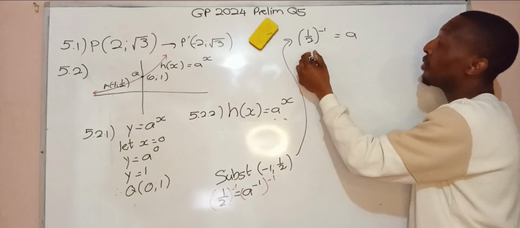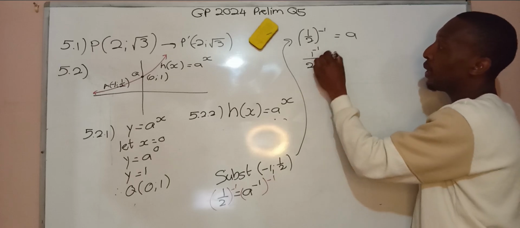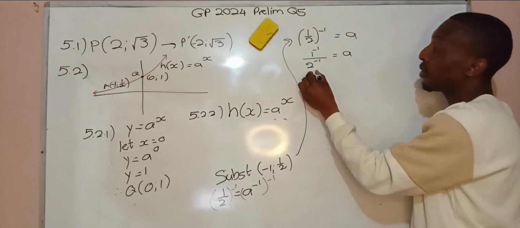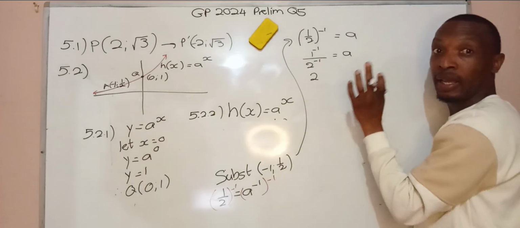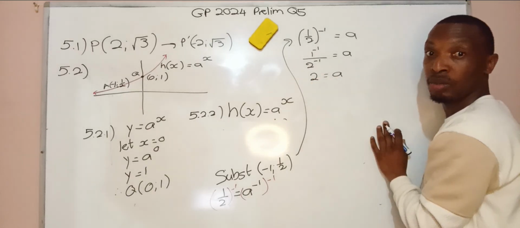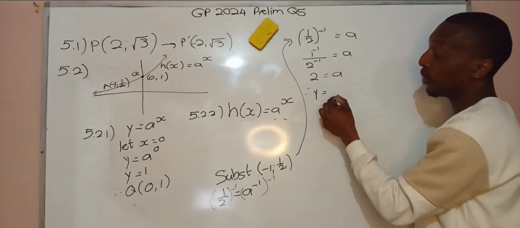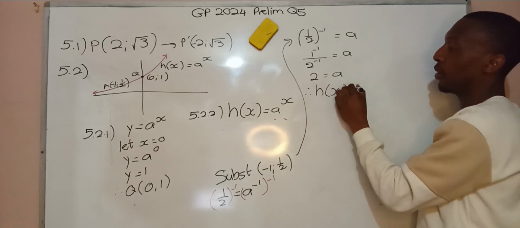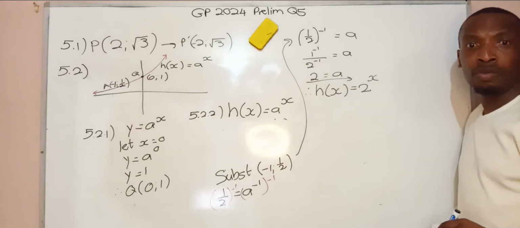It means that I have 1 to the -1 over 2 to the -1 is equal to a, making these exponents positive. This is simply equal to 2, because this must go up and this must go down, and the exponents become positive, and I will have my a is equal to 2, right? So what does that mean? It means that the equation of this, h of x, is equal to 2 to the x, but this is where the answer ends, right?